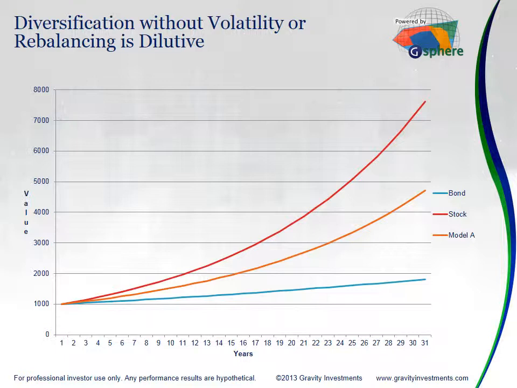So volatility, and its relationship with diversification, in the absence of rebalancing or account activity, is just dilutive. If you've got a bond fund in blue and a stock fund in red, and you've got a theoretically perfectly balanced portfolio of the two, 50-50, well, your 50-50 portfolio is just going to be right down the middle and split the difference.